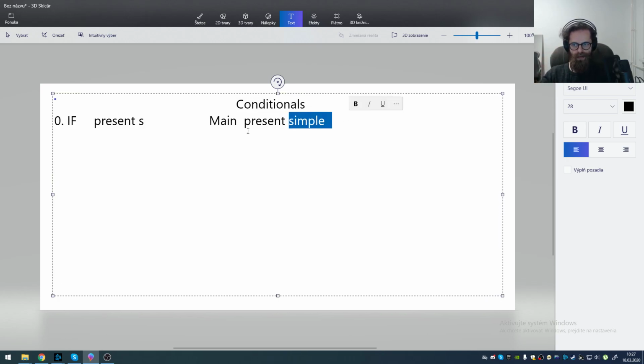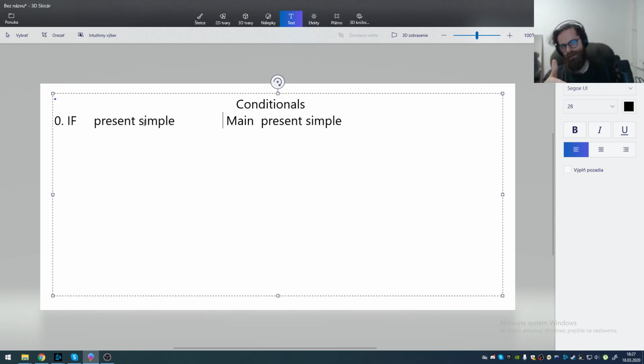I wrote simple here, but I wrote only S here. Do you understand that? I don't understand it either. So let's fix that. Okay, this is the form. So you have present simple in the first one, you get present simple in the second one as well, all together the same tenses.